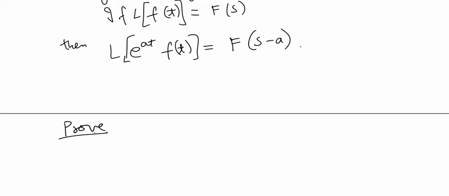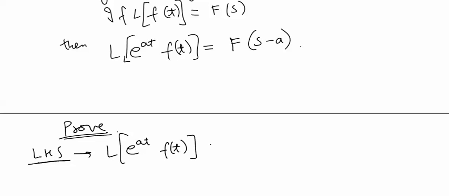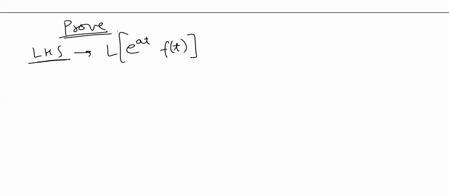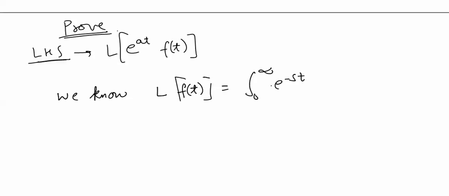I'm talking about the LHS, the left hand side, the Laplace of e raised to at f(t). From the basic definition of Laplace, we know that the Laplace of f(t), whatever comes under this bracket, is nothing but the integration from 0 to infinity of e raised to minus st into f(t) dt.